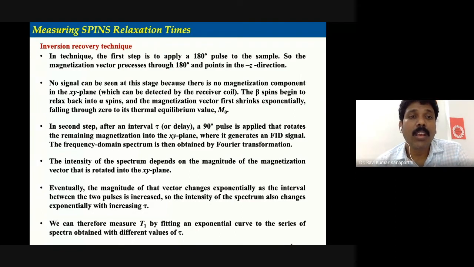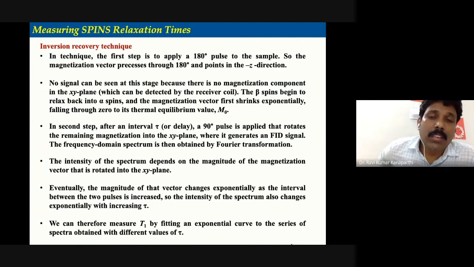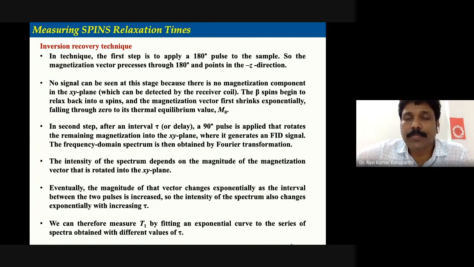And then there is a well-established technique for measuring T1, called the inversion recovery technique. Inversion recovery is generally used to measure the longitudinal relaxation time constant, or the spin-lattice relaxation time constant. In this method, a 180-degree pulse is applied to the sample in the first step.